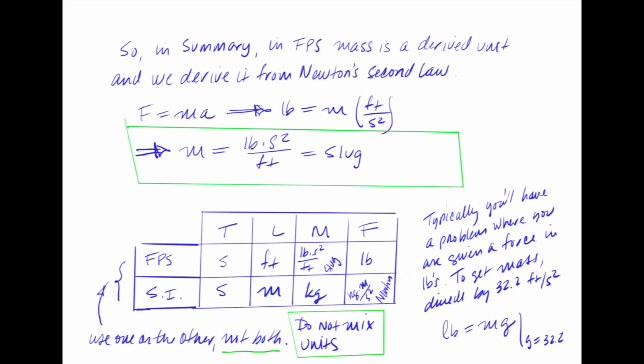And when you're doing these problems, don't mix units. If you're given FPS units, use FPS units only. Don't mix in SI units. And vice versa, if you're given SI units, don't mix in FPS units. So that's it.